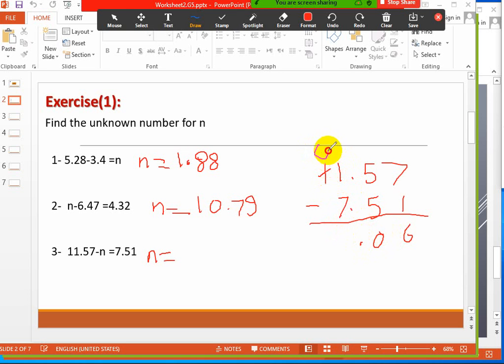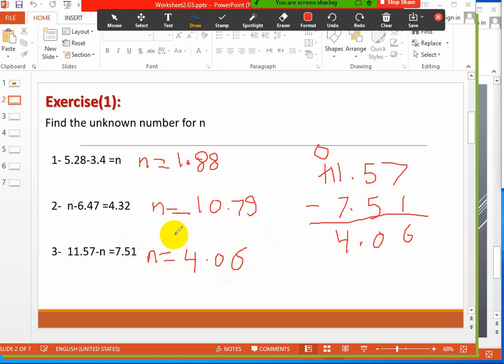Yes. 11 minus 7 equals 4. Very good, Reem. Thank you so much. So n here, the unknown number, equals 4.06 hundredths. So if I subtract this number from 11.57, the answer will be 7.51.